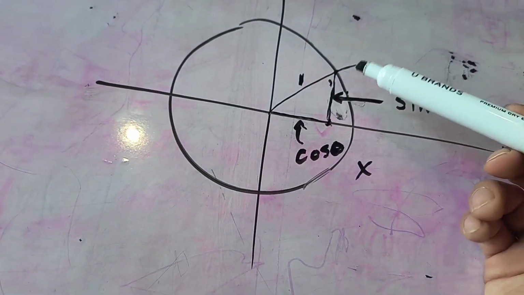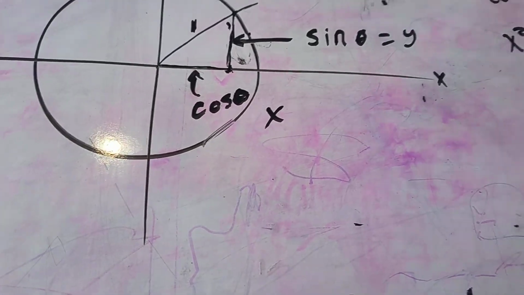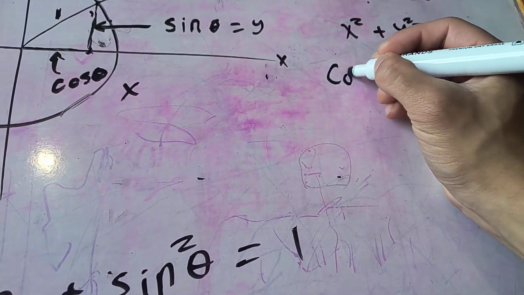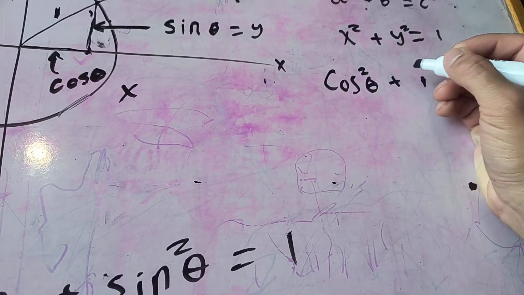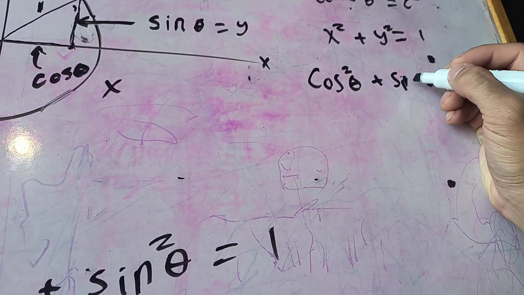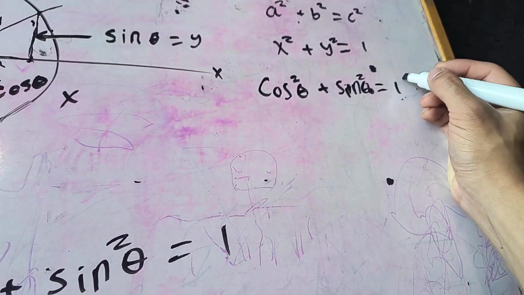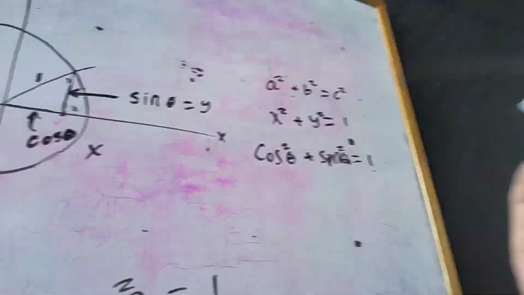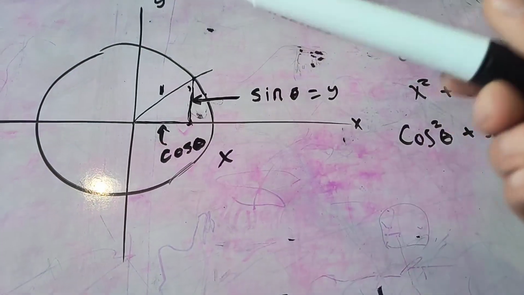But if sine is equal to y and cosine is equal to x, then cosine squared plus sine squared is equal to 1 squared, which is just 1. So cosine squared plus sine squared is equal to 1. And that's another way you can go through it and prove it.